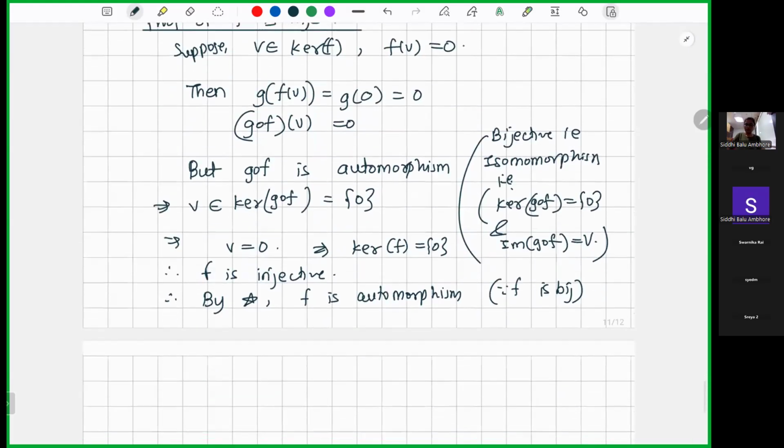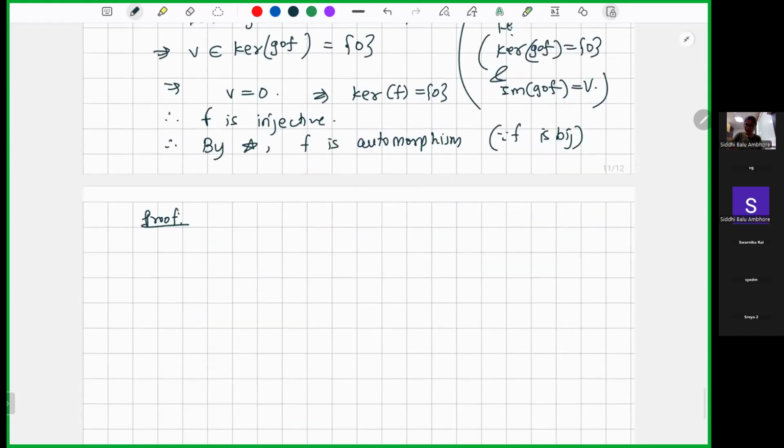And now we will prove that G is surjective. How do we do that?